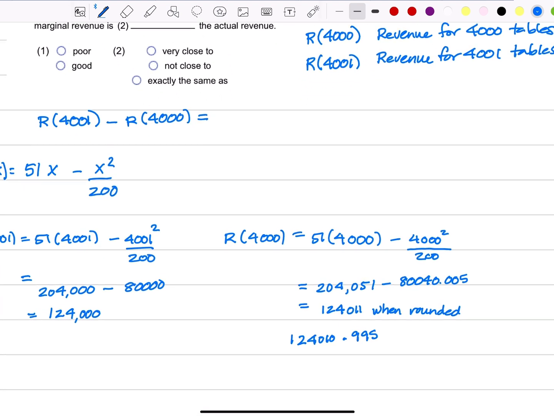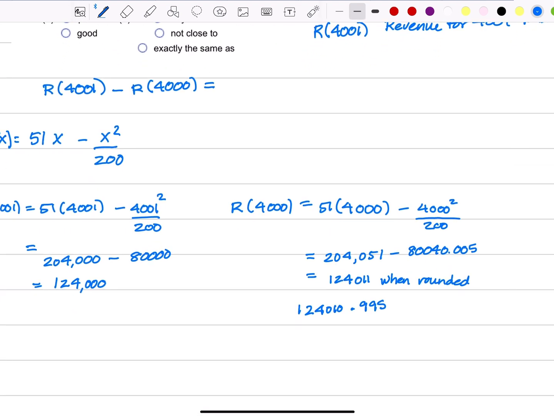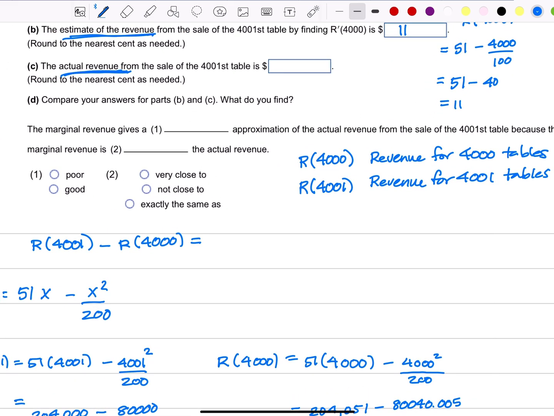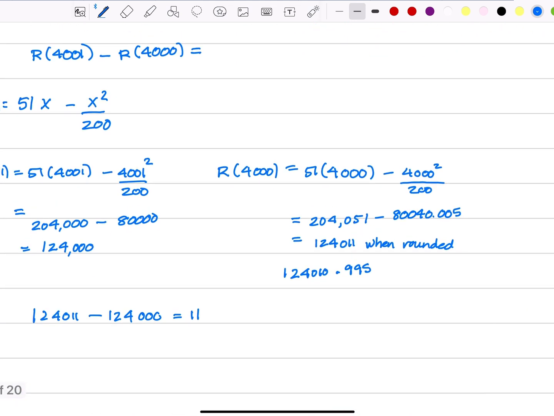So the difference in those two, look, 124,011 minus 124,000 is going to be 11 again. So we're going to get 11 for the actual as well. Now, technically it wasn't exact because remember it came out to 124,010.995.